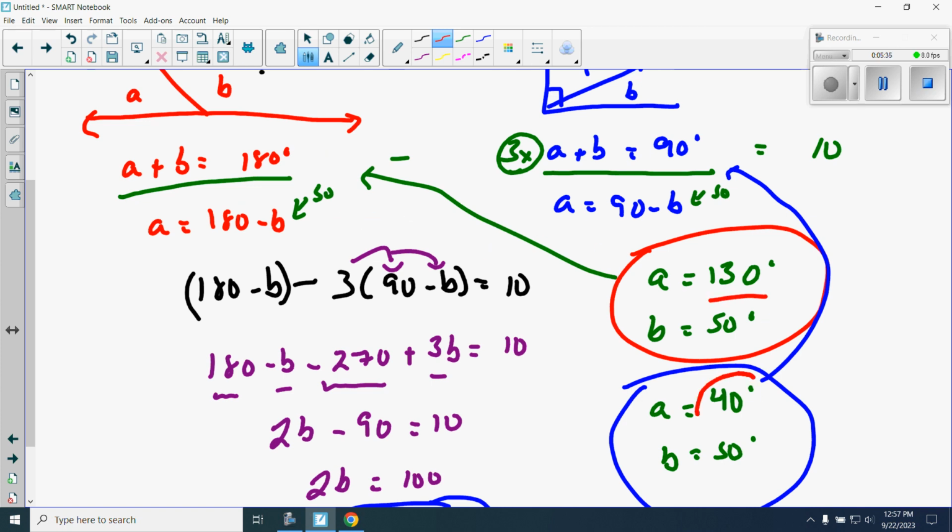Sorry, I'm getting my words all mixed up: 3 times the complement is 120. So when we subtract those two, 130 minus the 120 we got from 3 times the complement, we get 10, which is exactly what we're looking for.